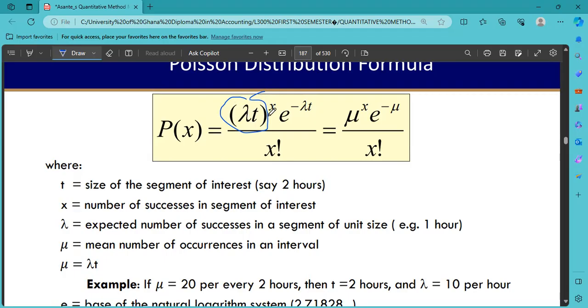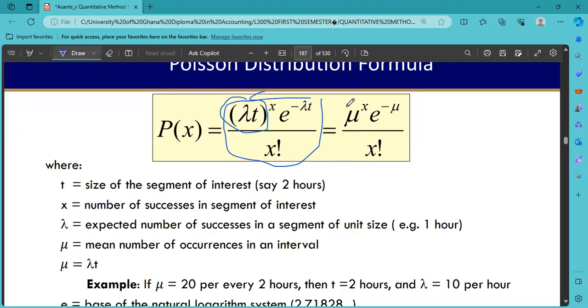So the mean raised to the power x, and then e, which is the natural logarithm base, raised to minus lambda t, which is the mean, all over the factorial of x.